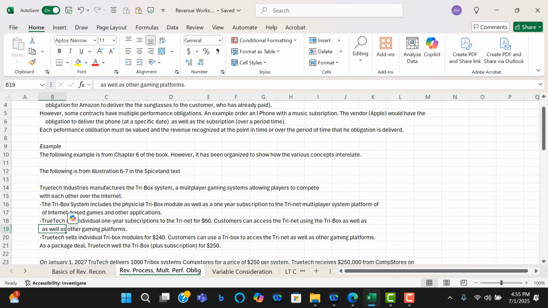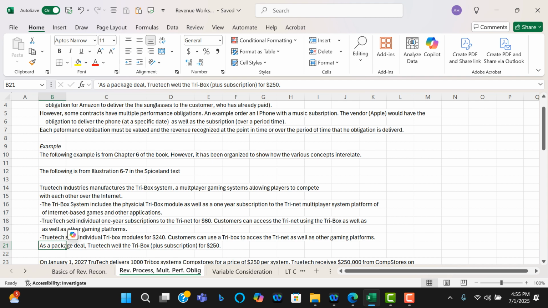So the system can be accessed using the hardware manufactured by this True Tech company, or it can also be accessed with other hardware from other companies, and that's going to be very important. And customers can use the TrueBox to access TrueNet as well as other gaming systems. So basically, the box can be used to access many different gaming platforms.